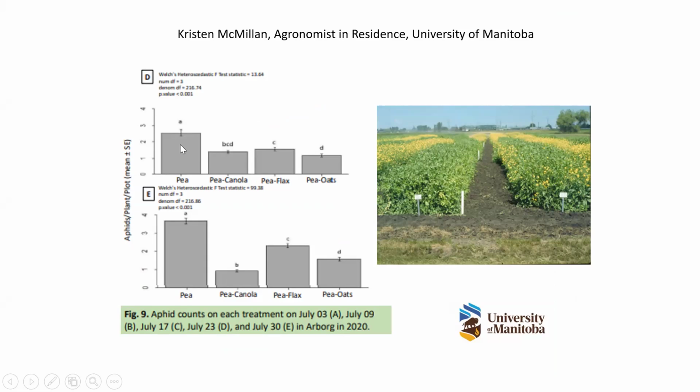And we can see that peas grown alone have more aphid pests. When we have other crops growing with them, we reduce the pest load on those plants. And the reason for that is that the aphid cannot find the peas as easily, and also these other crops might host more beneficial predators, which are going to eat the aphids.